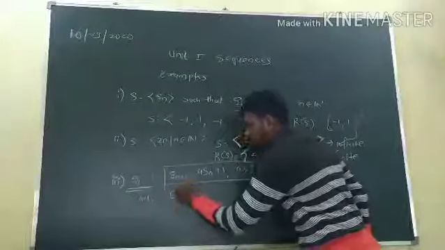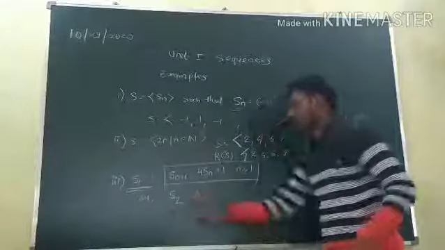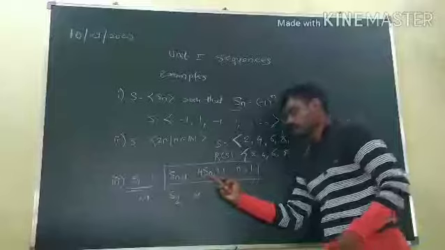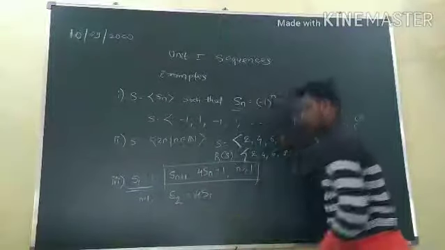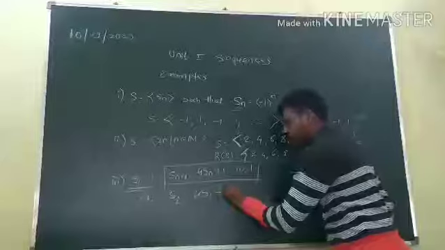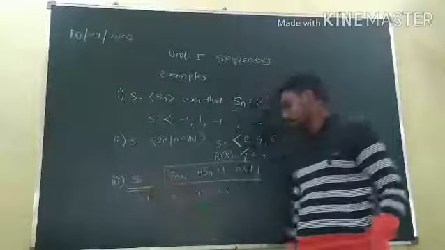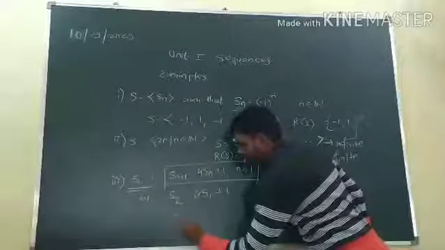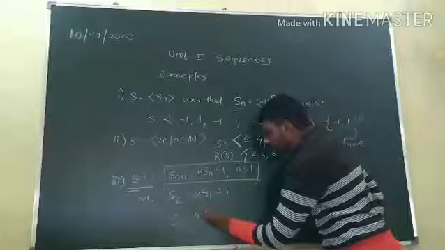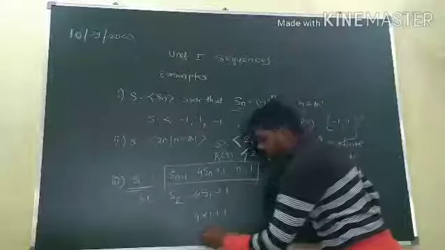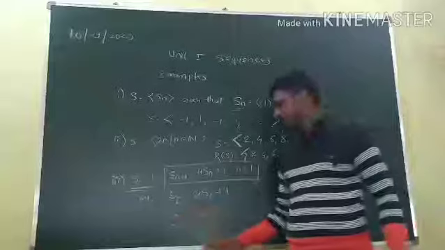So S2 is equal to 4 times Sn plus 1; put n is equal to 1 here also, we get 4 S1 plus 1. What is the value of S1? It is already given. It is 1. So we get S2 is equal to 4 into 1 plus 1, which is 4 plus 1, which is 5. So S2 is equal to 5.